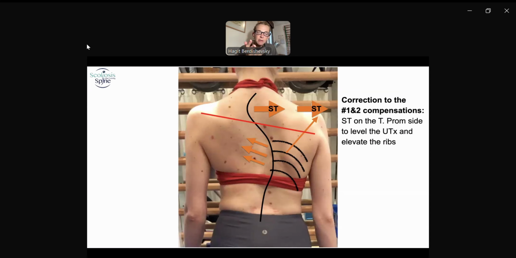Is it the serratus anterior? Is it in certain points maybe also the trapezius, the latissimus dorsi, the big muscles that hover around the convex side?